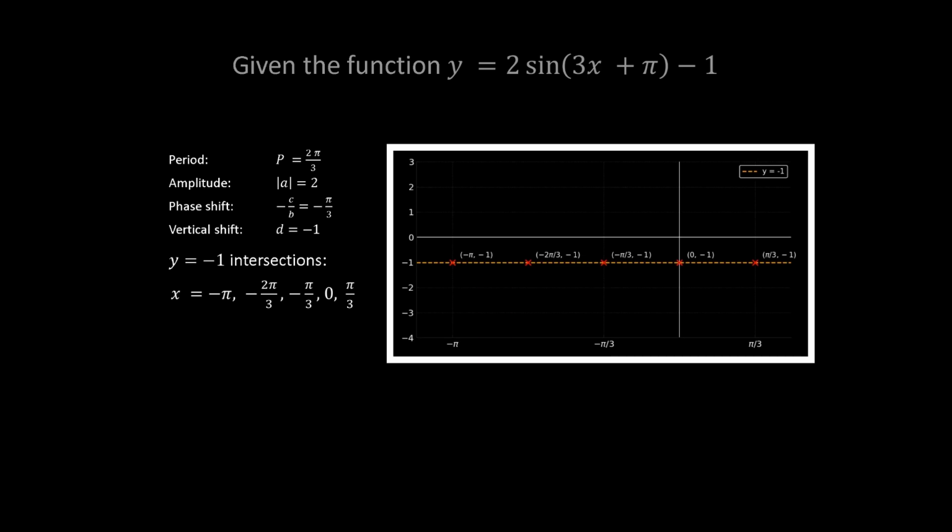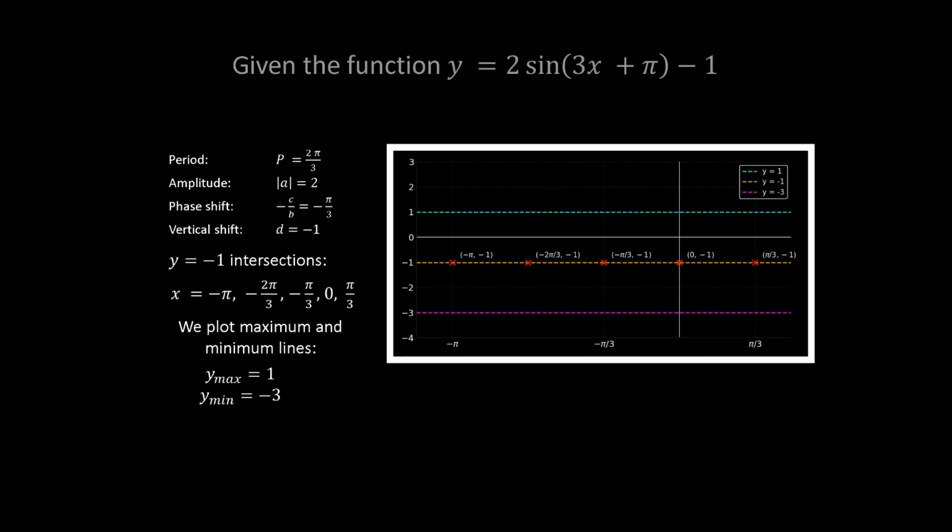We now plot the lines that mark the maximum and minimum values of the sine function. They are given by these equations. Now, substituting the values, next we continue the calculation, and this gives us the maximum and minimum lines. To determine the maximum and minimum values of our function, we compute the quarter cycle points.